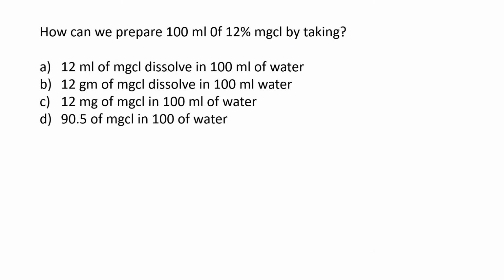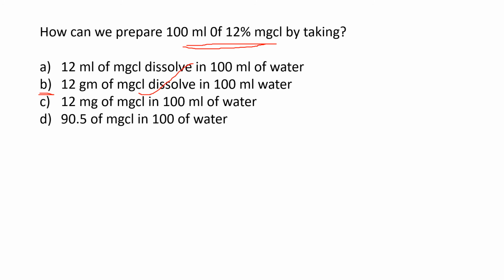So the next question is, how can we prepare 100 ml of 12% MgCl by taking? We need to prepare 100 ml of 12% magnesium chloride. So here the answer is option B, 12 gram of MgCl dissolved in 100 ml of water. This is a very simple question, but you should be very careful about the unit.